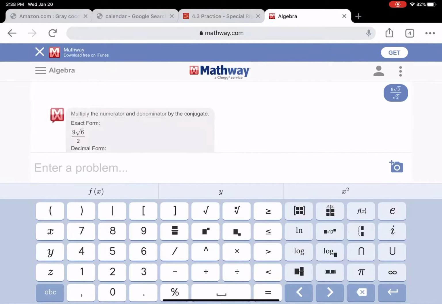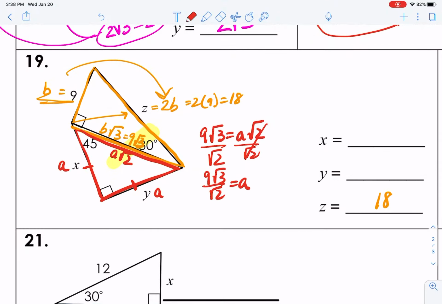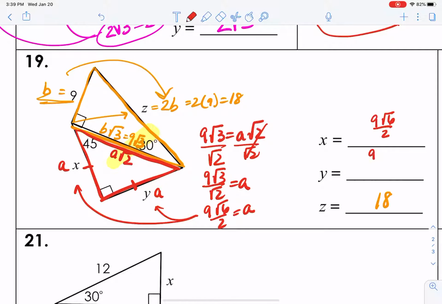And then when I hit enter, it gives me 9 square root of 6 over 2. So 9 square root of 6 over 2 is A. And that's what we put for our 2 congruent sides on our 45-45-90 triangle: 9 square root of 6 over 2 and 9 square root of 6 over 2.